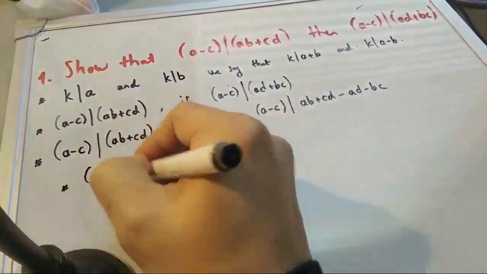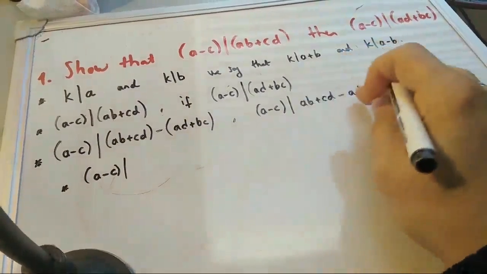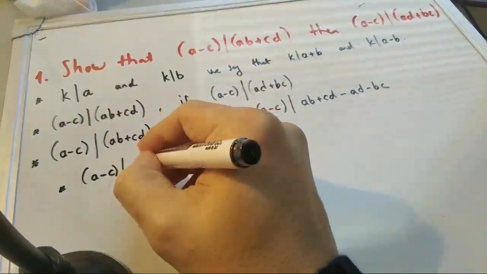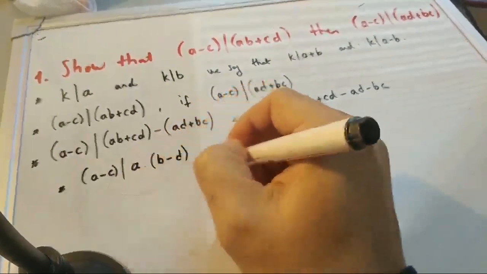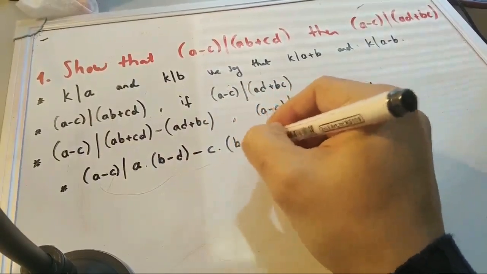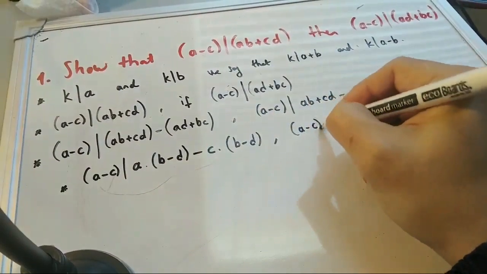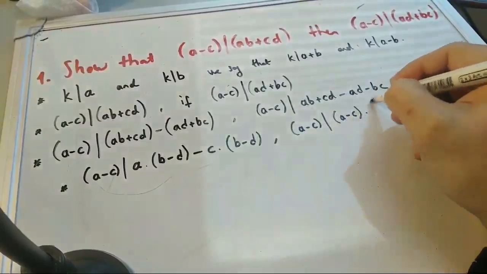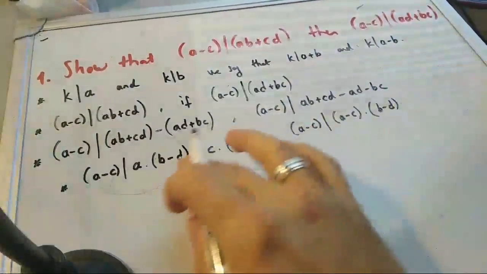And a minus c divides, we'll make a group: ab and ad, cd and bc. a times b minus d minus c times b minus d, which is a minus c divides a minus c times b minus d, the common factor.